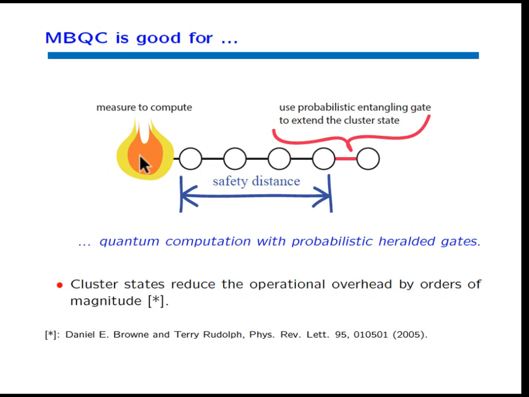The bottom line of this is it is a very efficient way of doing quantum computation with probabilistic heralded entangling gates. And since it is a matter of practical significance, we actually devote a lecture in this mini-series on that topic. It will be lecture number 3. Okay, but there are more aspects to discuss, so let's move on.